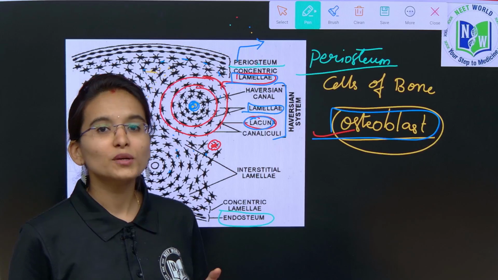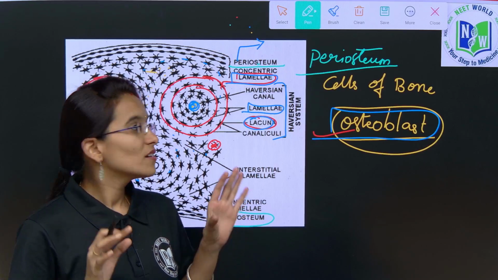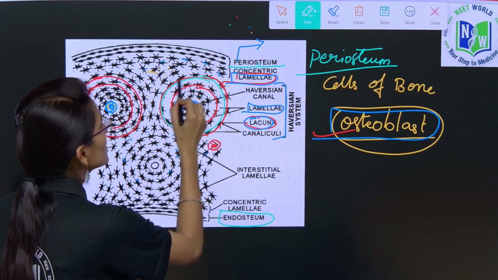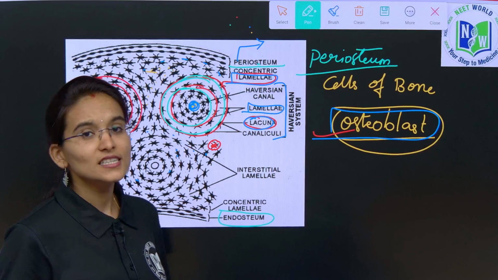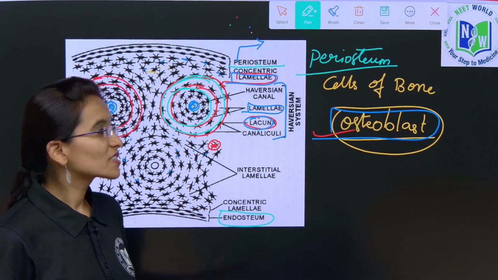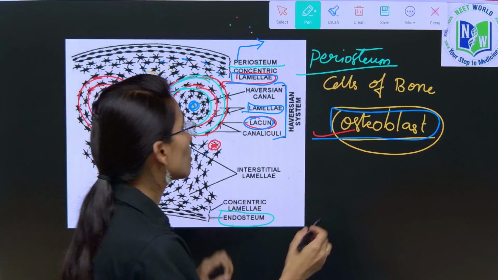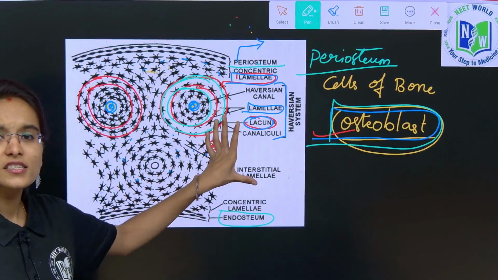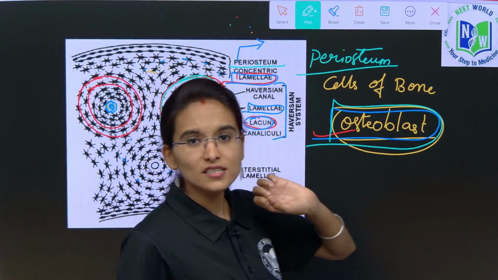The matrix of the bone is called lamellae, present in circular forms like this, and the fluid filled spaces are called lacunae, which contain the bone cells called osteoblasts. Clear with the concept? Clear with the structure of this bone?